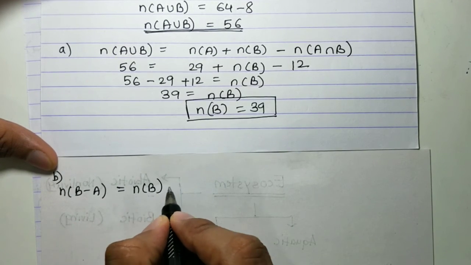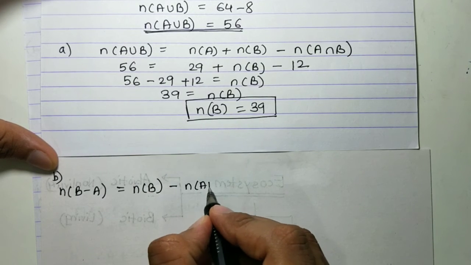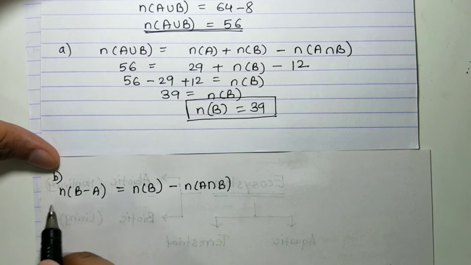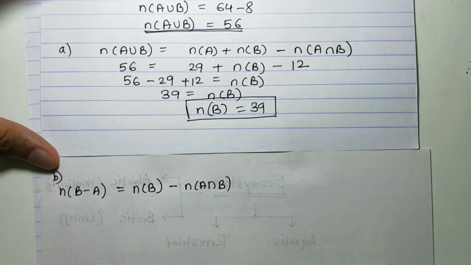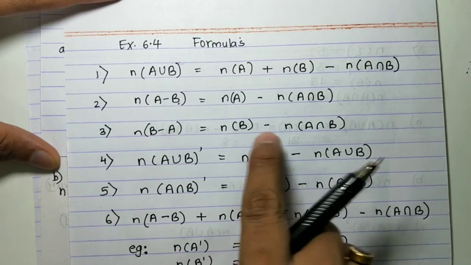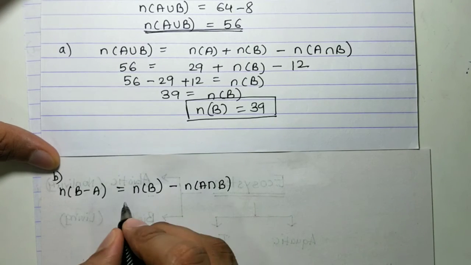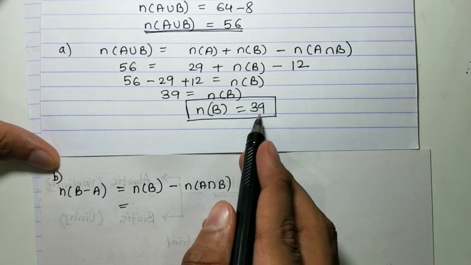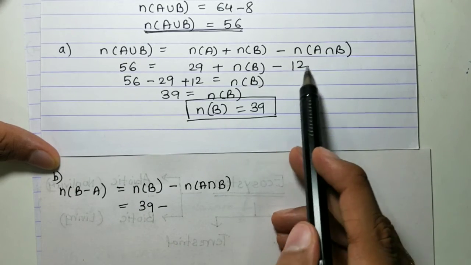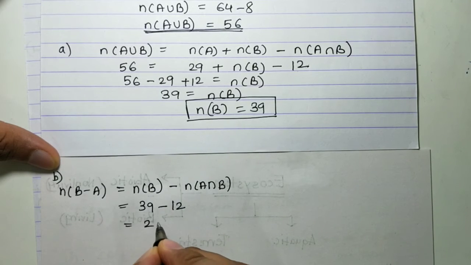It is B minus what is common between A and B. This is the formula for B minus A. You can check the formula. I have given you the list of the formulas. So see, B minus A is B minus A intersection B. What is B? B we just found out is 39. And what is A intersection B? It is 12. So the answer is 27.